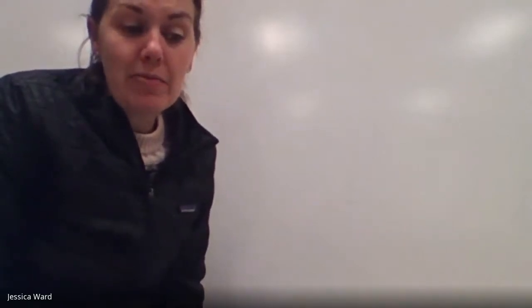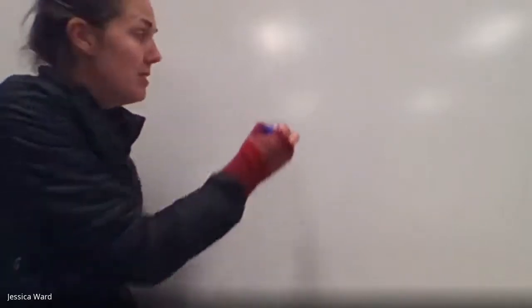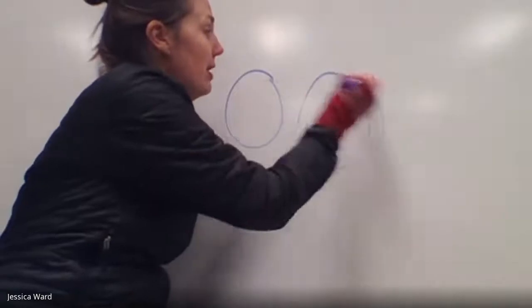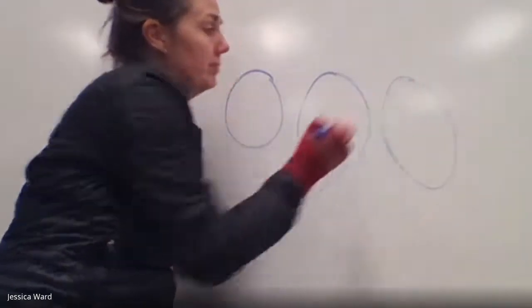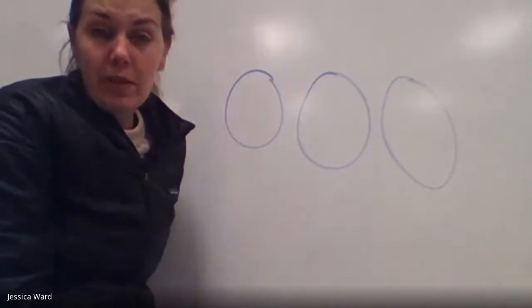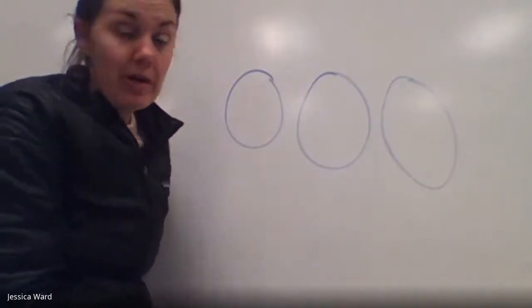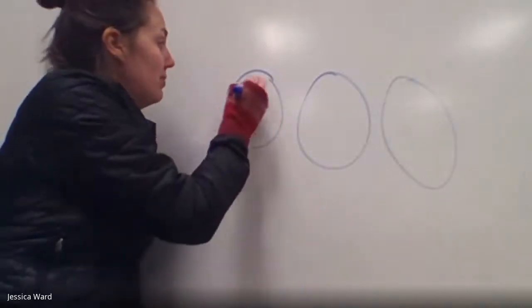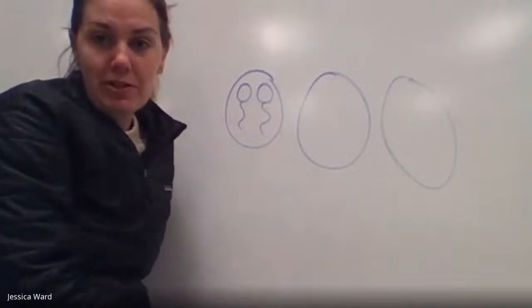A way that I'm going to make 3 equal groups is I'm just going to draw circles that are going to show that I have 3 groups. And then I'm going to put 2 balloons in each group. So I want to have 3 groups, each with 2 balloons in it.